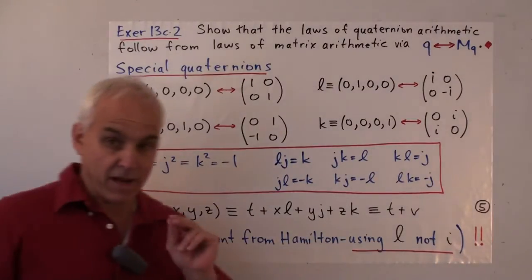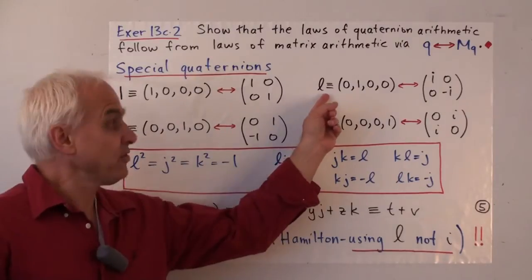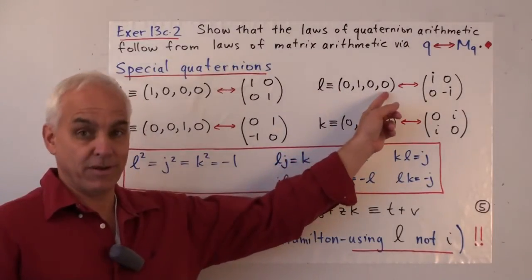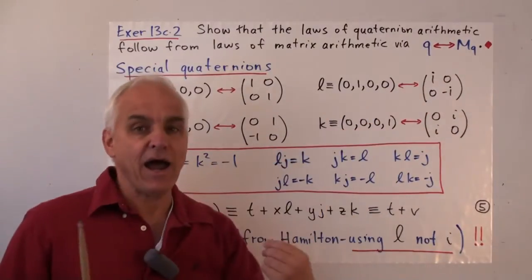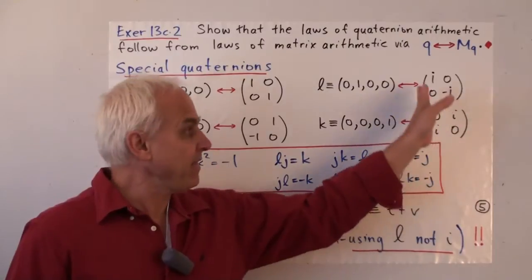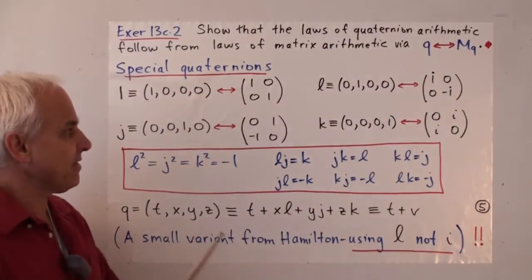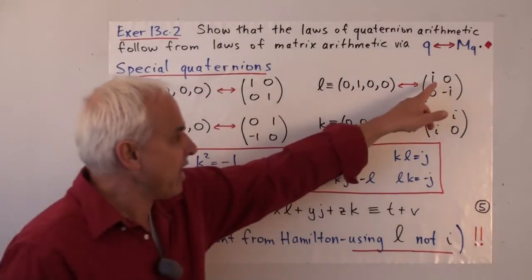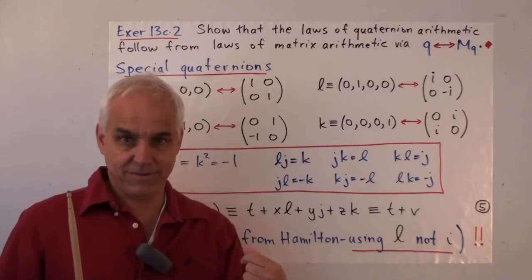And now you can see why, I hope, I haven't used the letter i to represent this quaternion. Why not? Because we're already using i as the usual complex number in the entries of this matrix. So it would be inconsistent or confusing if I used an i there and another i there to mean quite different things.